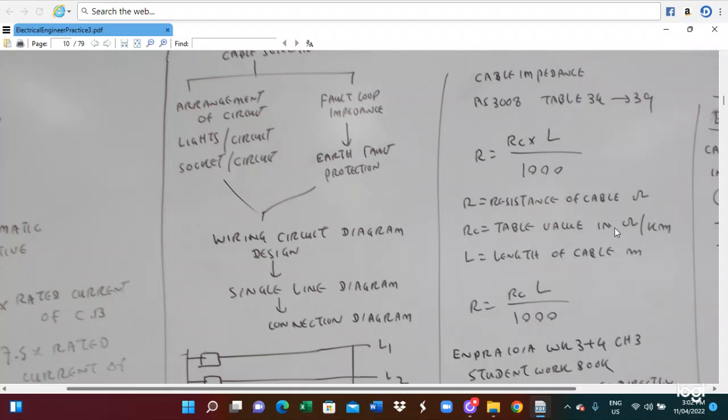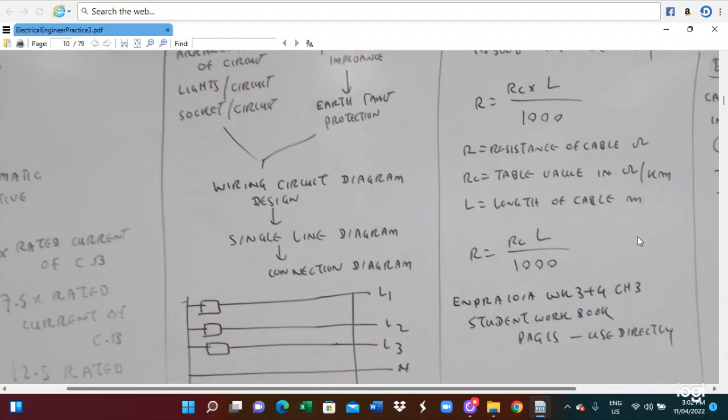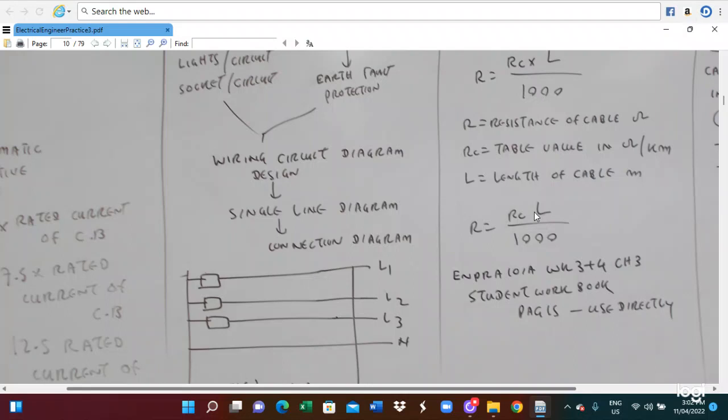RC is the table value, so this impedance value you can get from tables 34 to 39, depending on the type of the cable. The table value is in ohms per kilometer, and L is the length of the cable. Then R equals RC times L divided by 1000, and we can calculate the cable impedance.